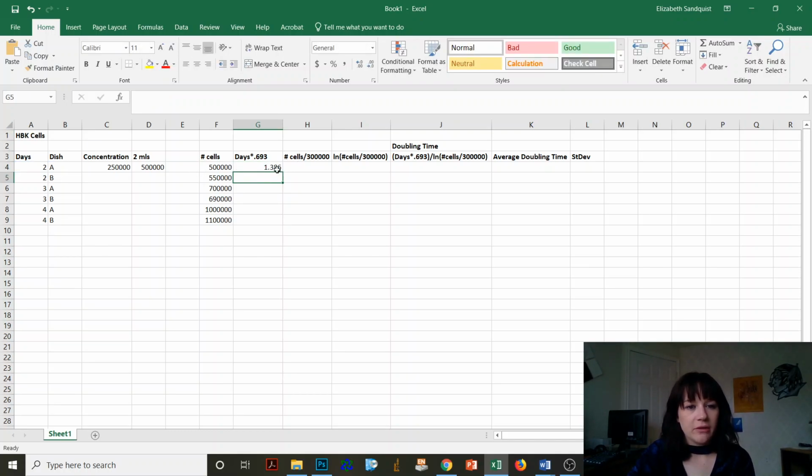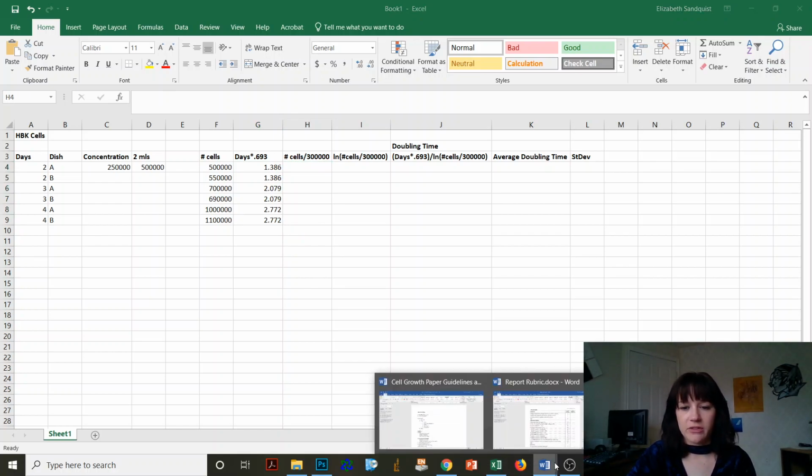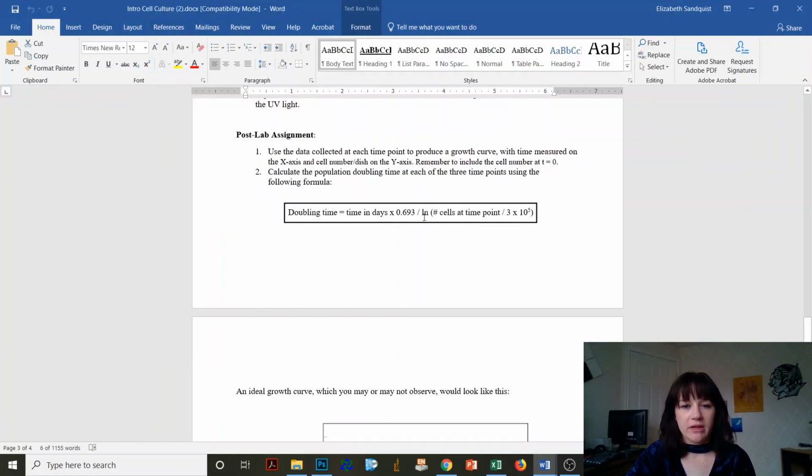Next, you can do the same thing for the rest of your data, right, by clicking and dragging that little box. Now, if you refer back to that equation, we also have to divide it by the natural log of the number of cells divided by this original number that we had, right?